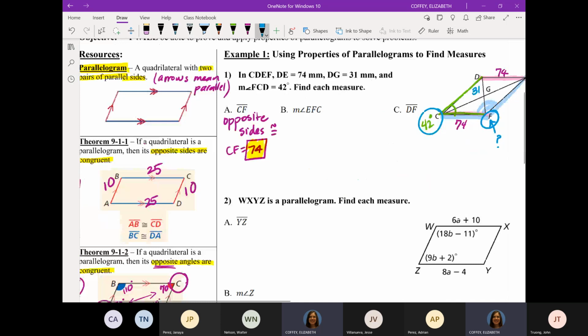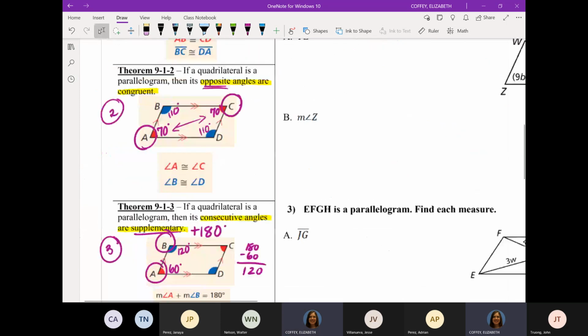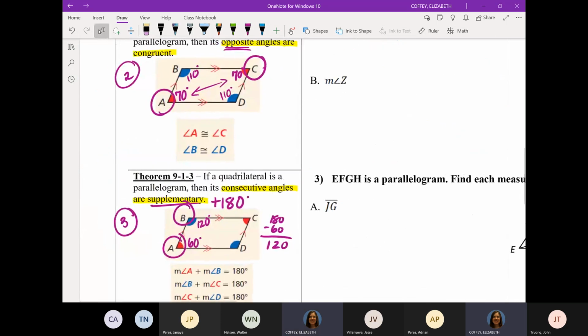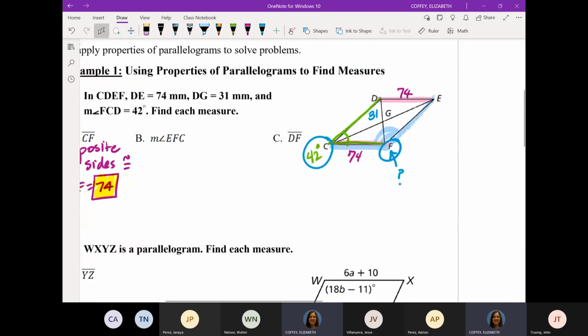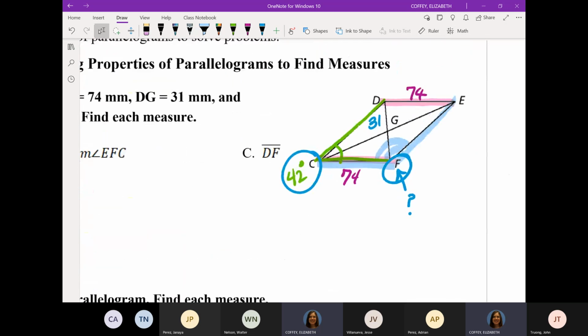If you're not sure, look at how I circled these examples. If you didn't circle them, I would go back and circle them. Opposite angles are, for example, A and C, across from each other. Consecutive angles are, for example, A and B, or A and D. So in this case, F and C are consecutive.